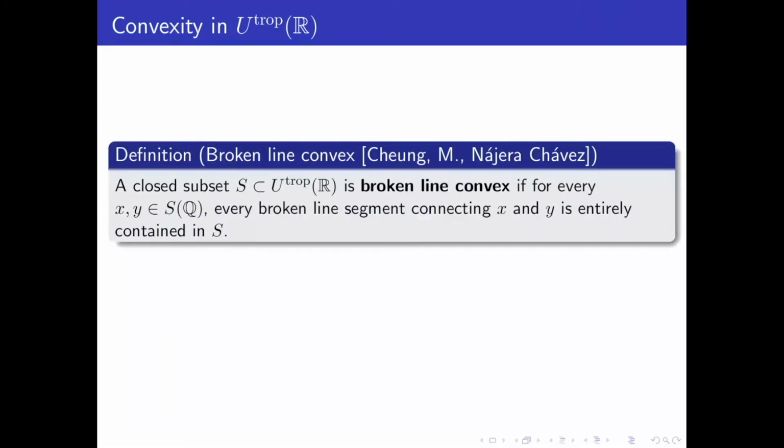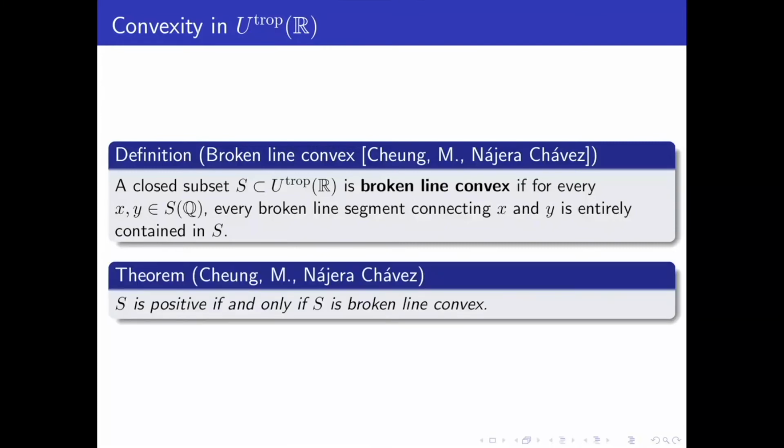So we say that a closed subset S of U trop R is broken line convex if for every pair of rational points X and Y, every broken line segment connecting that pair of rational points X and Y is entirely contained in S. So in a usual real vector space, there would only be one line segment connecting two points X and Y, and S would be convex if and only if, for all pairs of points, that line segment connecting X and Y was contained in S. But in this piecewise linear world, there could be many broken line segments connecting X and Y. And what we're going to ask is that every such broken line segment connecting X and Y is entirely contained in S. So it's just the natural generalization of convexity to this real tropical space.